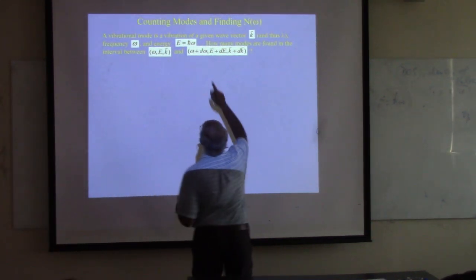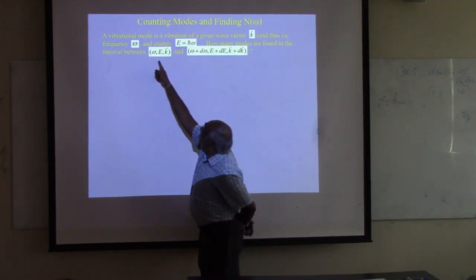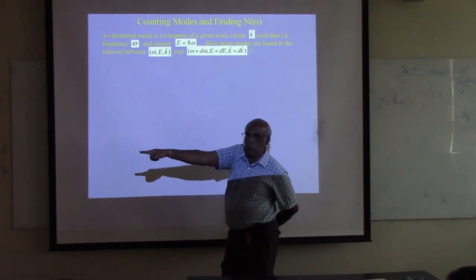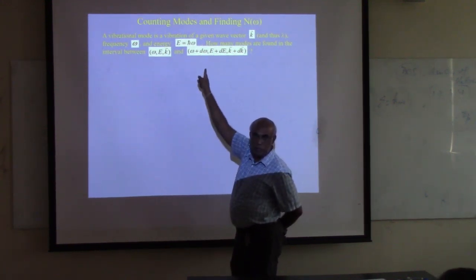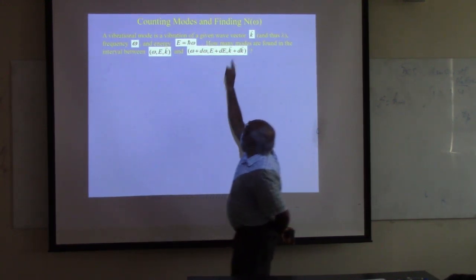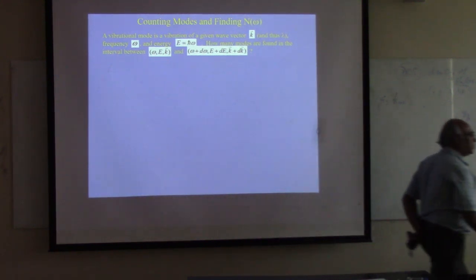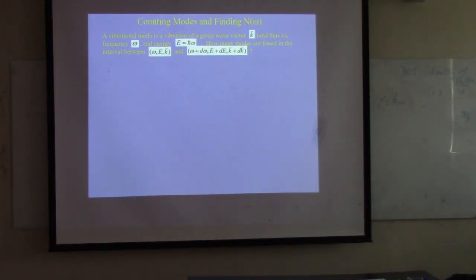Between omega and omega plus d omega means a d omega range, E and E plus dE means a dE range, and here a delta k range. I will give you a very general expression to calculate for any dimension. Does everybody understand what I'm trying to say here?